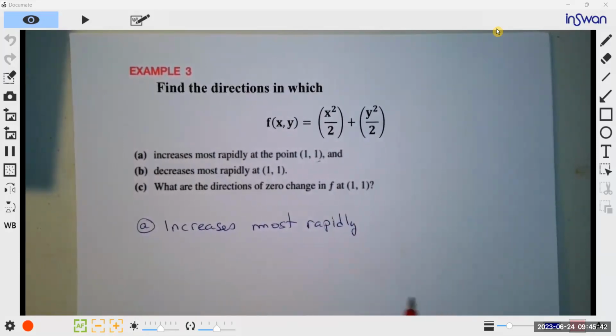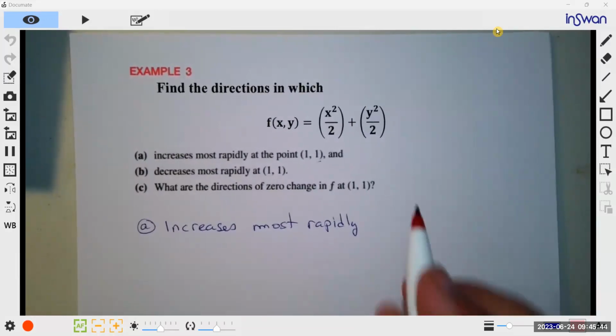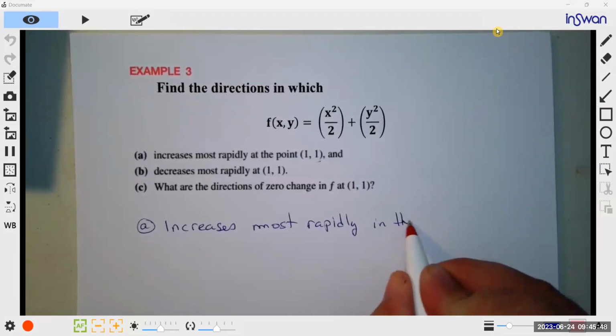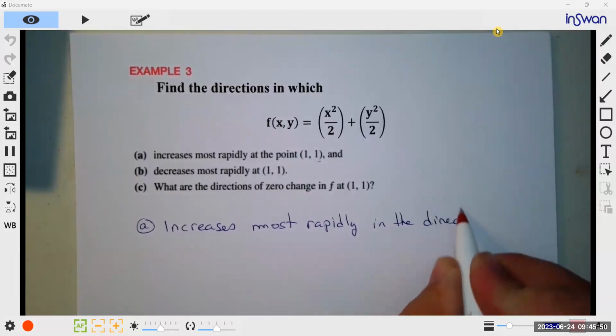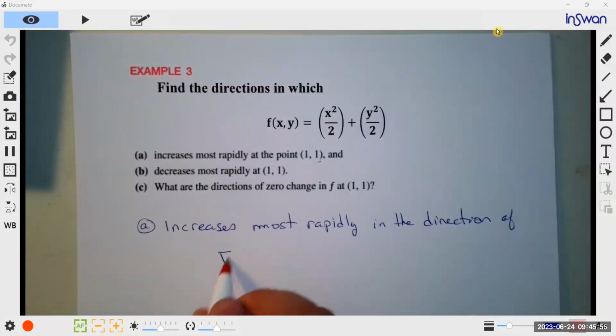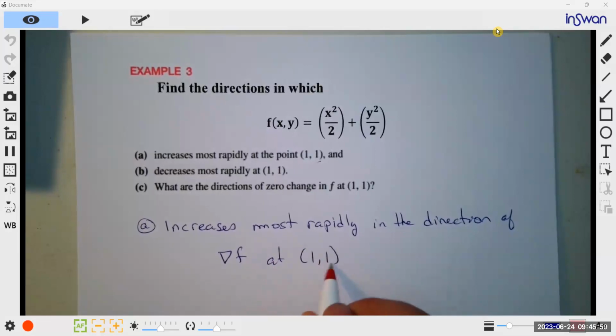Increases most rapidly is the direction of del f at 1, 1.